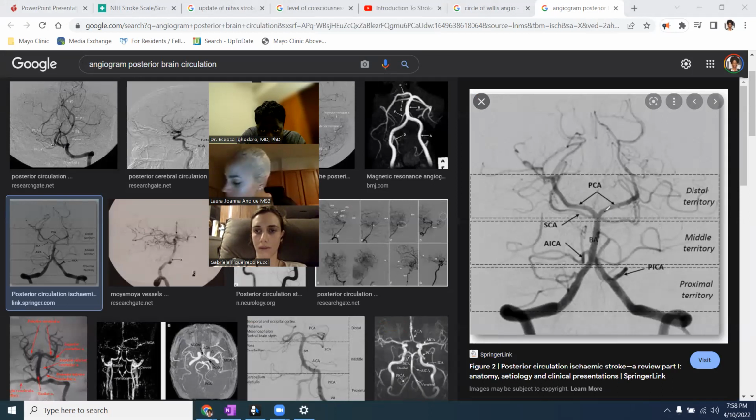Okay, so PCA, then we have the basilar, and this is the superior cerebellar, and then we have the anterior inferior cerebellar arteries that come off the basilar, and then the posterior inferior cerebellar artery comes off the vertebrals.